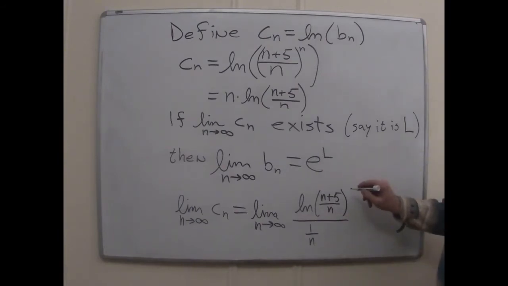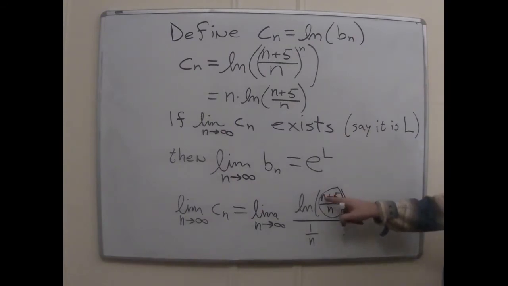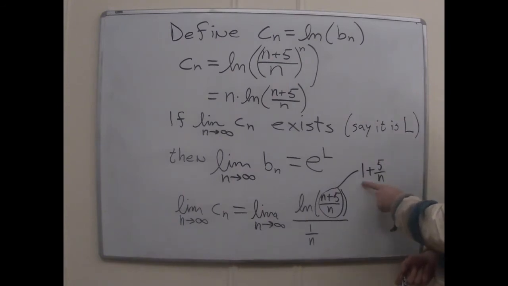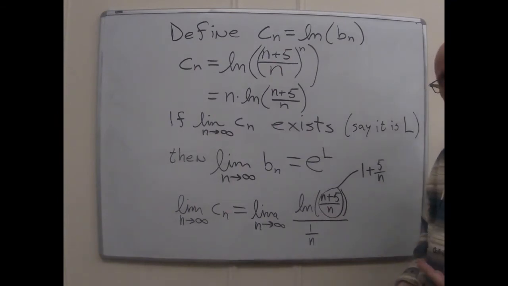You can re-express what's in here as 1 plus 5 over n, right? So that guy is 1 plus 5 over n. What happens to that? This part goes to 0, and that part stays as 1, so we have the natural log of 1. But wait, that's a problem too. The natural log of 1 is 0.